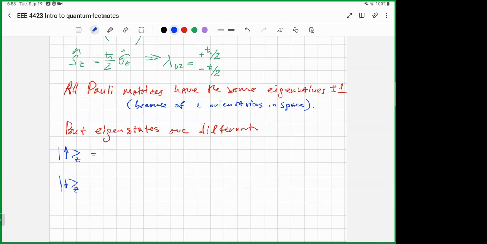The state up is given by the basis vector 1, 0, which is the 0 state that we already saw. This is another reason for using these 0 and 1 states when we describe a qubit. And the spin down is given by 0, 1, which is state 1.